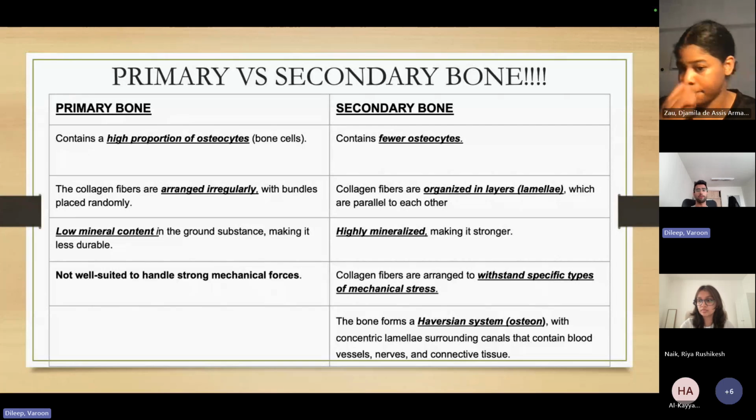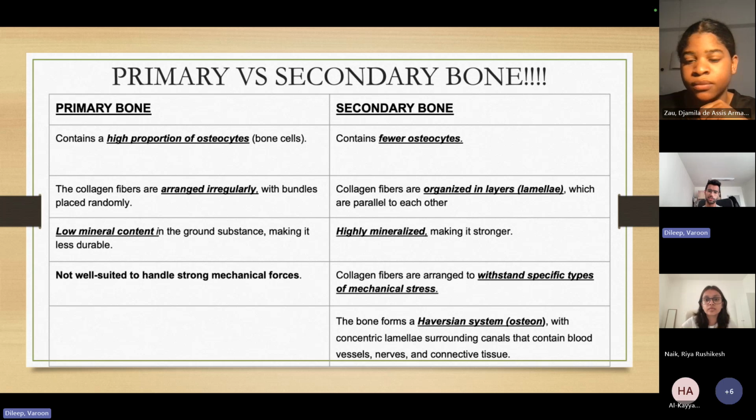On the other hand, when we talk about the secondary bones, the collagen fibers are organized in layers and parallel to each other. Their ground substance is highly mineralized, and they're arranged in a way so that they can withstand a high amount of mechanical stress. So basically, primary bone is just a framework, and it is not the strong bone.